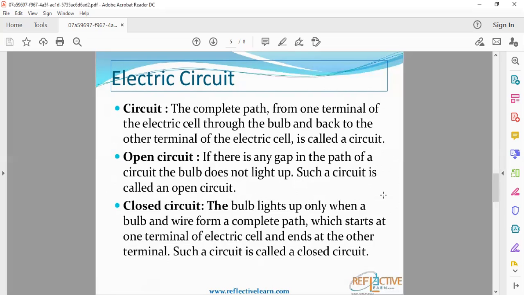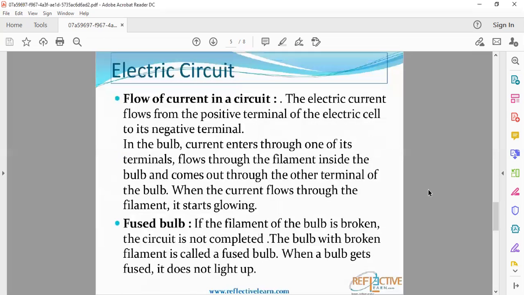I hope I am clear with it. So we have discussed two circuits, open circuit and closed circuit. In an open circuit, the wire is not connected and the bulb does not glow. In a closed circuit, the path is complete and the bulb glows because there is no gap and the path is totally complete.